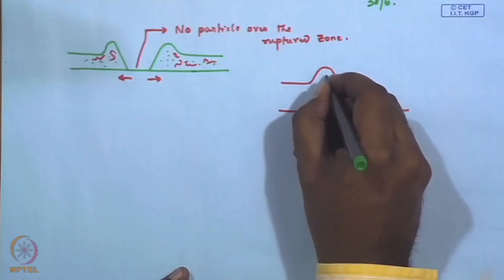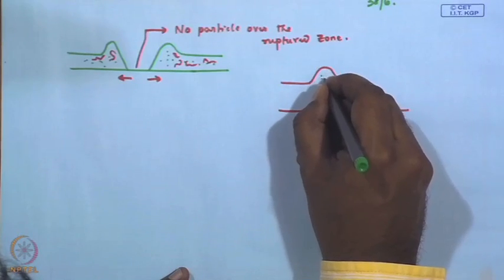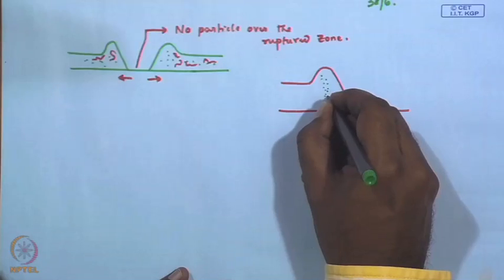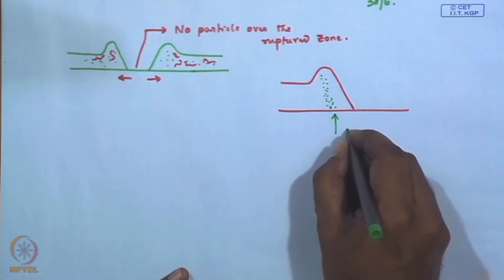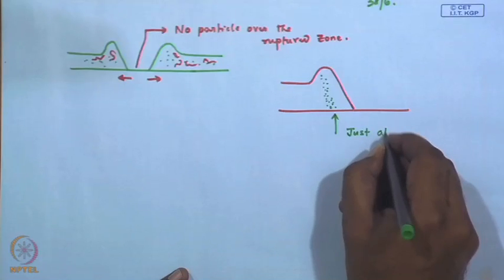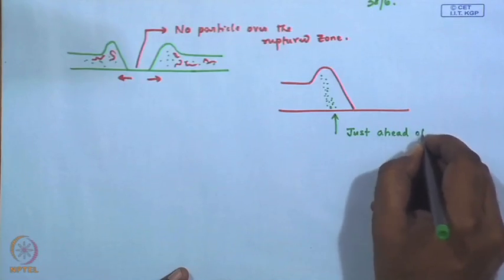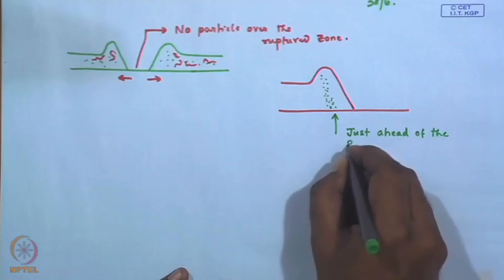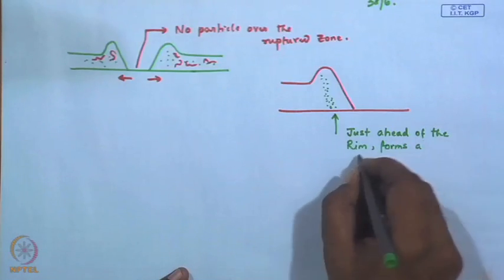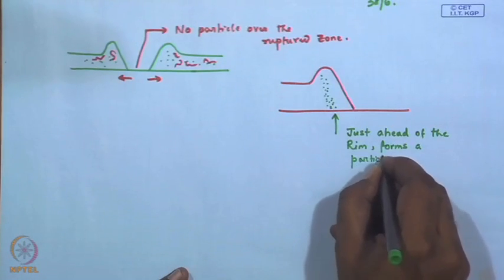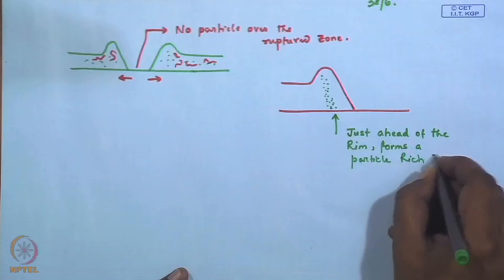So, what happens is these tiny nanoparticles sort of migrate at a faster rate, and just ahead of the rim, forms a particle rich zone.